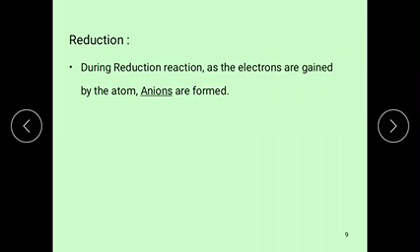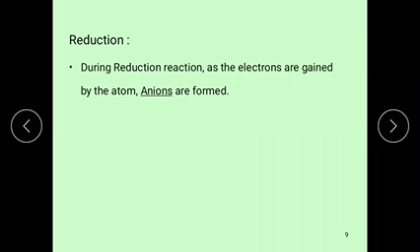Or the process of removal of oxygen from an atom, or ion, or molecule is called as reduction reaction. Or the process of addition of hydrogen to an atom, or molecule, or ion is called as reduction reaction.